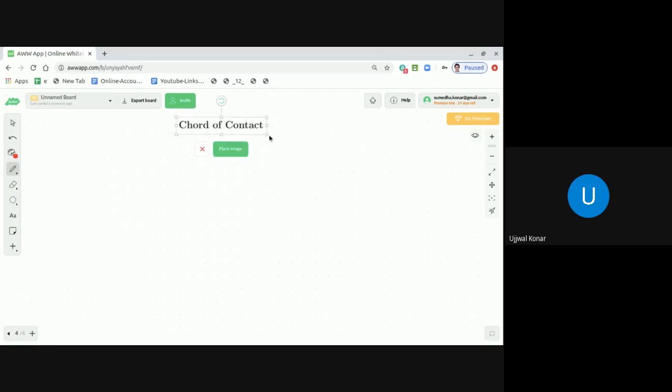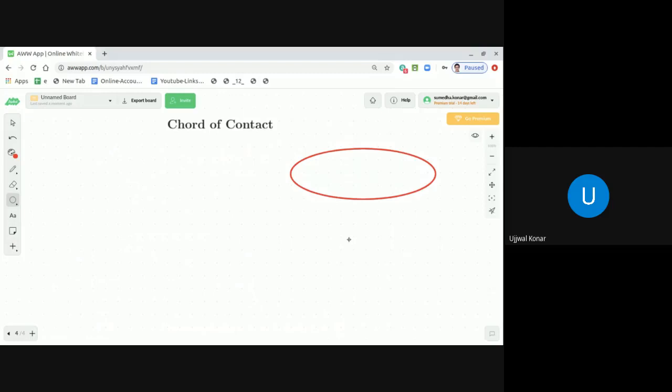The chord of contact is something like this, dear students. Let us first consider the ellipse. Let's get a visual representation of the ellipse. It will be something like this, correct, dear students?